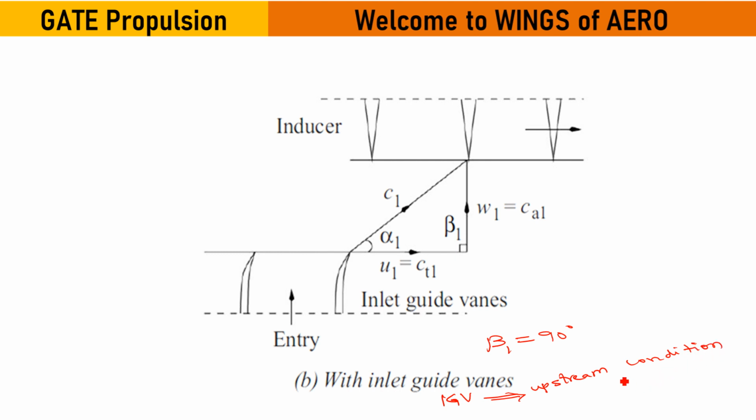Sometimes in the question they can mention upstream condition and downstream condition. Downstream condition is when the flow is leaving the impeller blade, which we have seen in the last class. The radial curve, backward curve and forward curve are the downstream condition. Today we are seeing the upstream condition, with and without inlet vane, or the inlet condition.